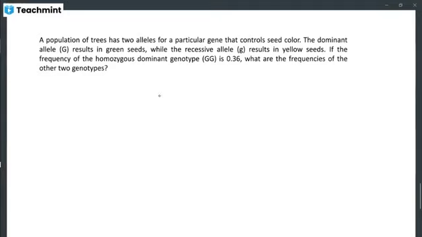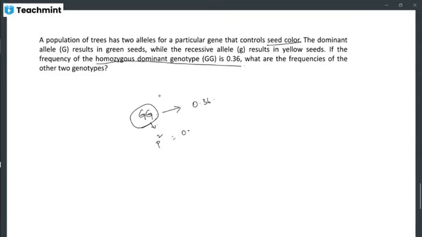So it has clearly been mentioned that a population of trees has two alleles for a particular gene that controls the seed cover. The dominant gene results in green seeds, while the recessive results in yellow seeds. If the frequency of the homozygous dominant genotype, which is nothing but your GG, is 0.36, then if you convert it, the genotypic frequency will be p square.